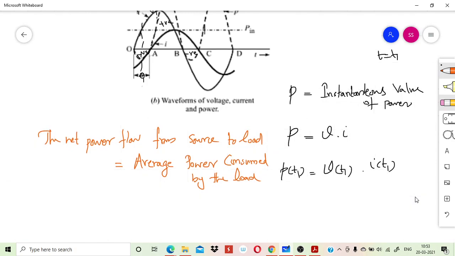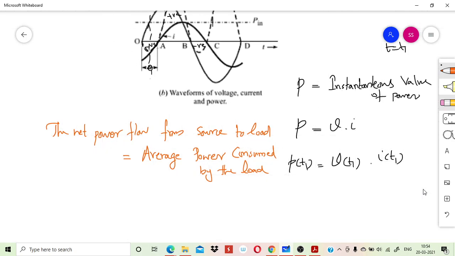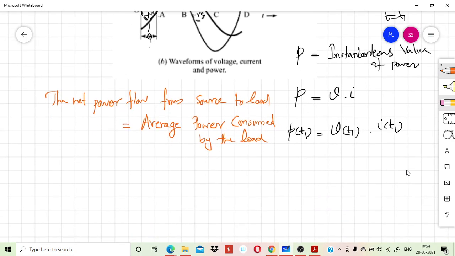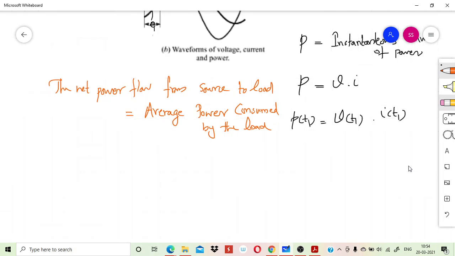If you calculate the average value of the power waveform, it is notated by capital P, and that will be equal to V RMS into I RMS into cos of the angle between the V phasor and the I phasor, that is theta.